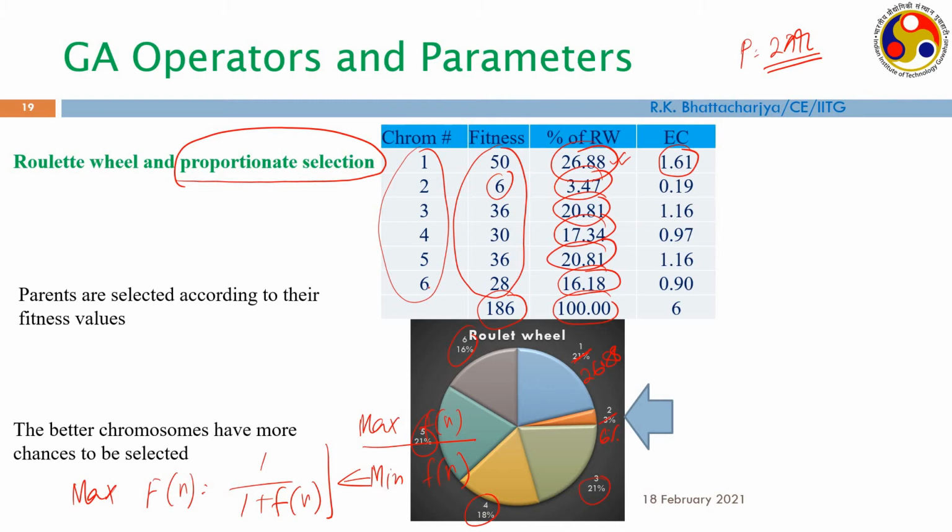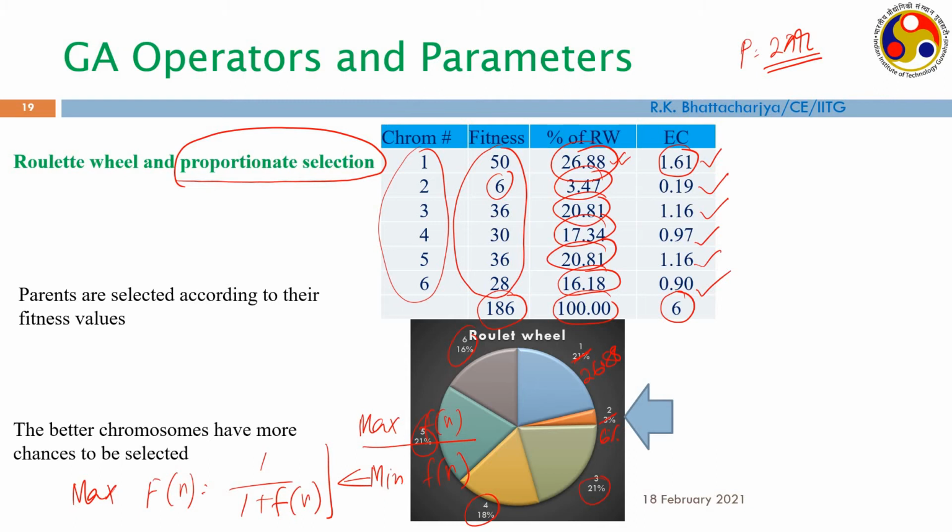So 26.88% of 6 is 1.61. Similarly, 3.47% of 6 is 0.19. Then 20.81% of 6 is 1.86. Then 17.34% of 6 is 0.97. Then this is 1.6, this is 0.09, and altogether it is 6.